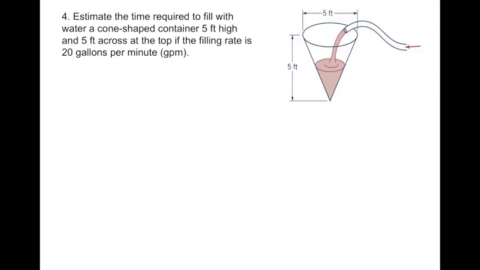So, control volume. This one is actually pretty interesting because our control volume, we could just make it the cone, and it could work, but if we're keeping track of mass inside of the cone, and we've got two different fluids, we have, I don't know if it's water coming in, I guess it doesn't tell us, but we've got some liquid that's flowing into the cone.